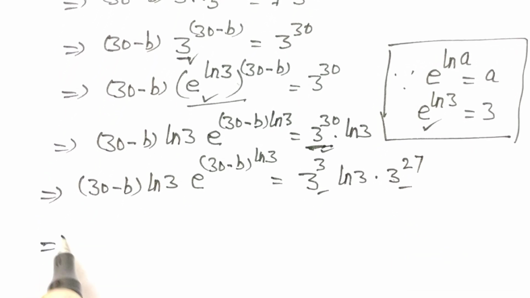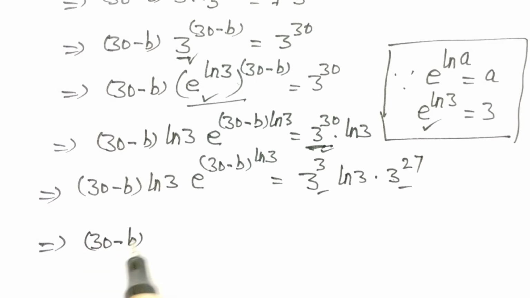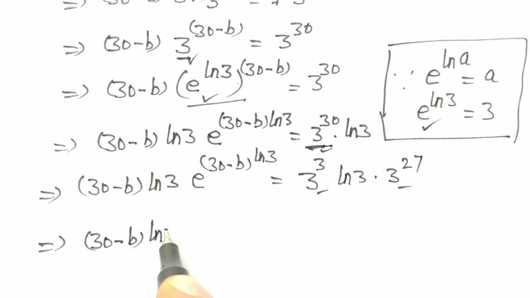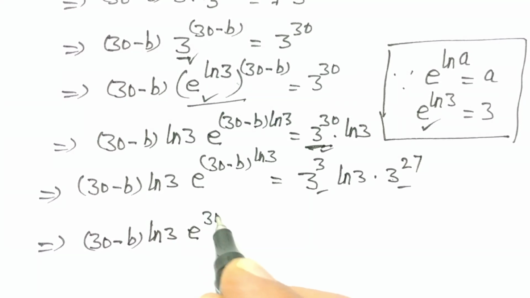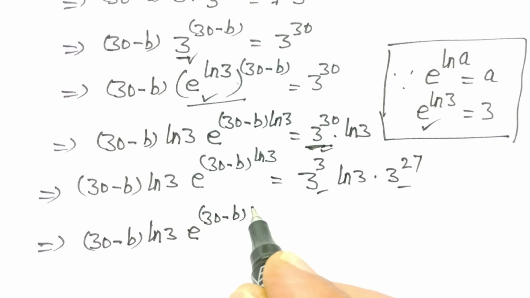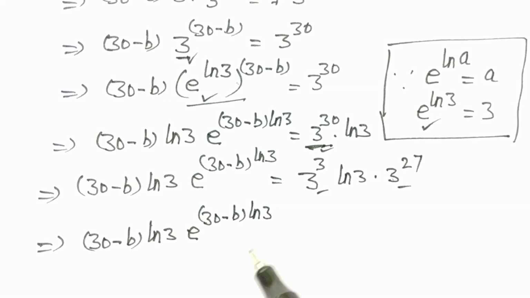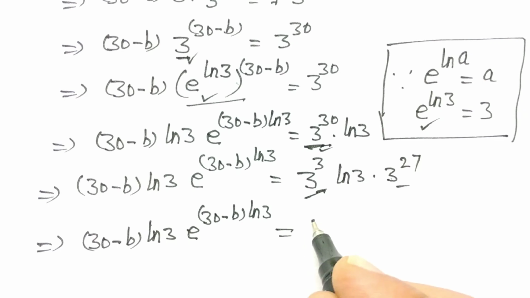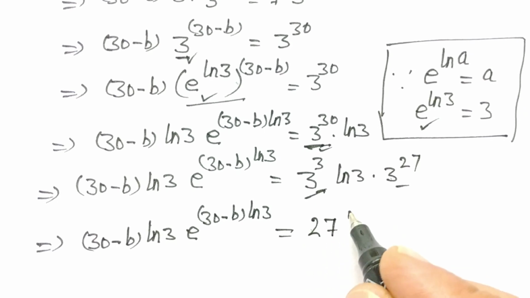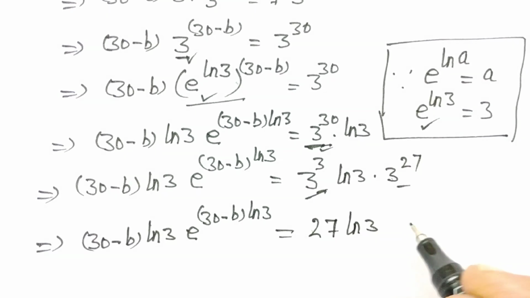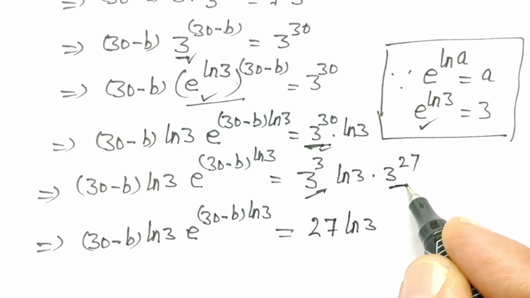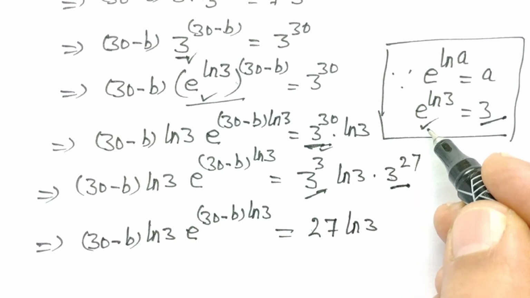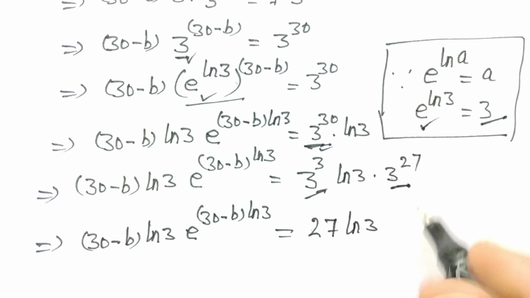Now (30 minus b) ln 3 e to the power (30 minus b) ln 3 is equal to, here 27 ln 3, again in place of 3 we can write e to the power ln 3, right?